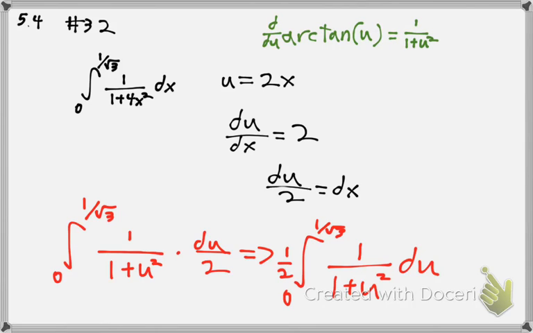And so, since this is the derivative, f prime, if we take the antiderivative of this, we get the antiderivative of the derivative, and so you will get the original function, f of u, and that f of u will be equal to arctangent. So now, let me just clear out some space.